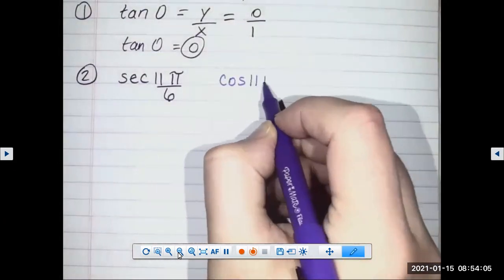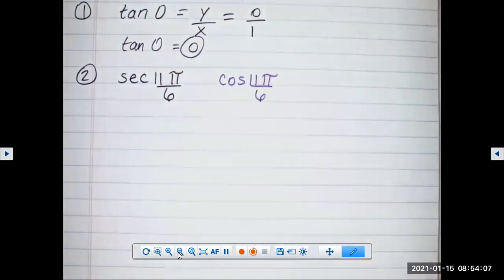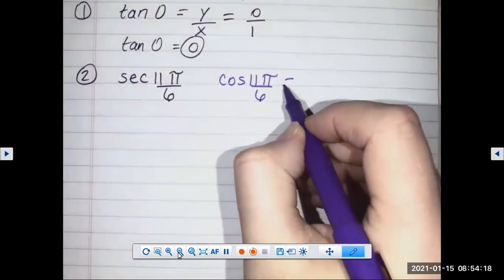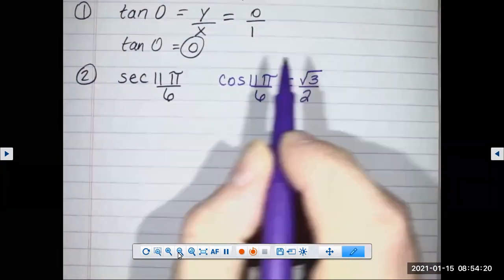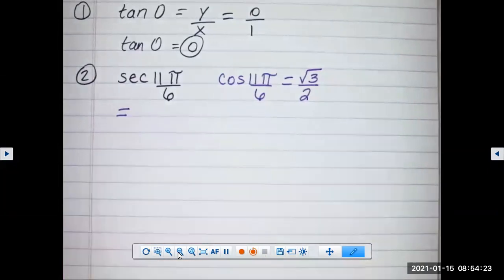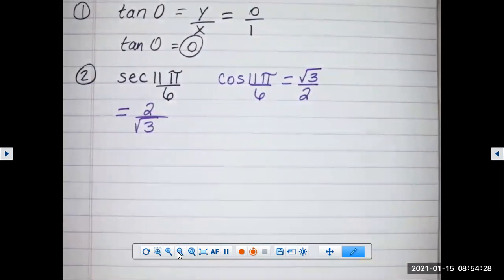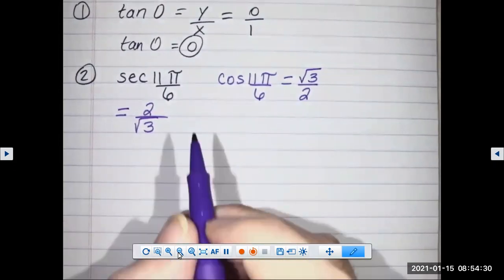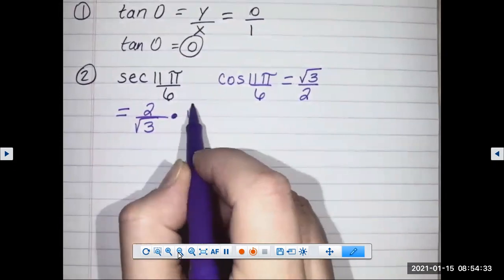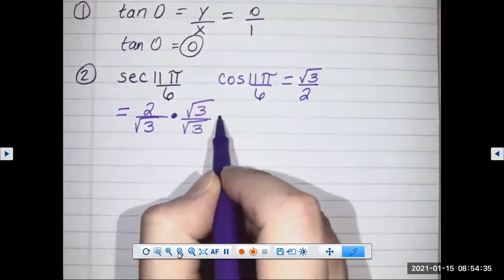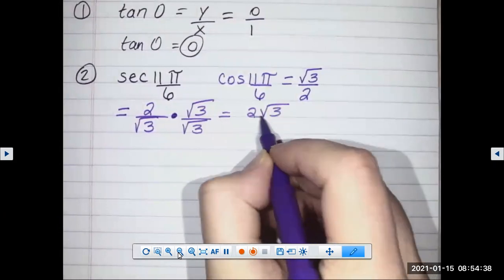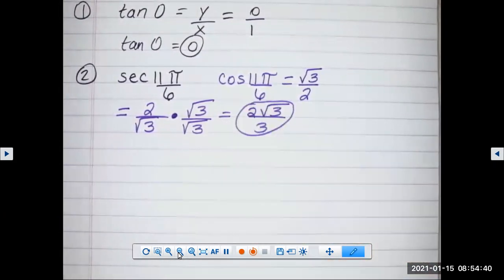Cosine. So let's find the cosine of 11 pi over 6. Look at your ordered pair at that angle. Give me the x coordinate. √3/2. So in order to get the secant of 11 pi over 6, I take that and flip it. When you rationalize, you get 2√3/3.